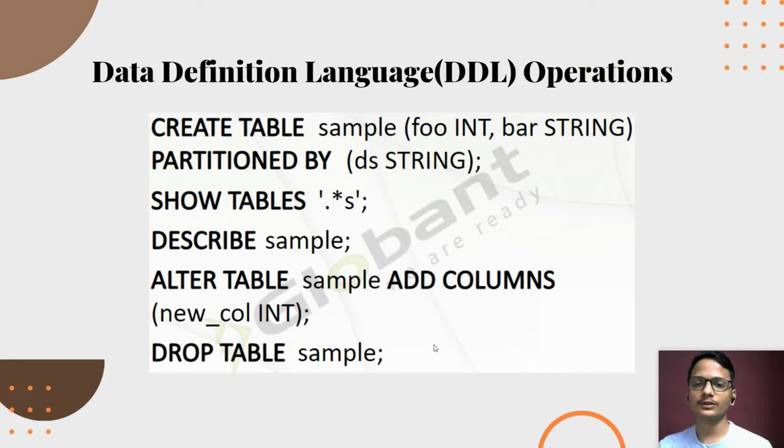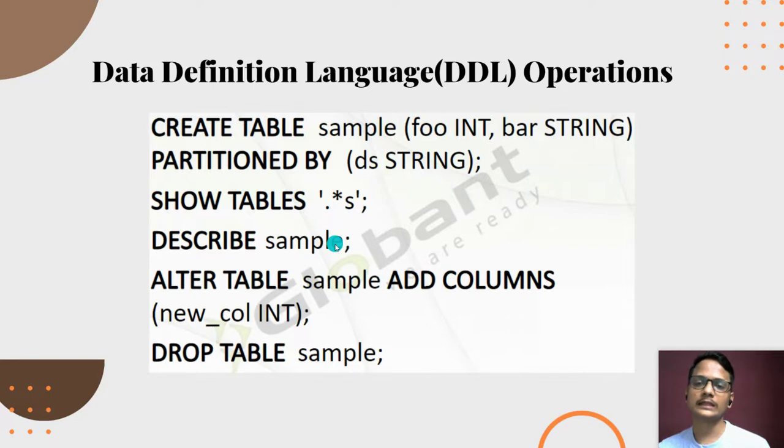Now let's move on to the different queries that we can perform in Hive. Creating a table: create table sample, with the column names and the data types. Next, we use other commands like partition by, show tables, describe, alter table.